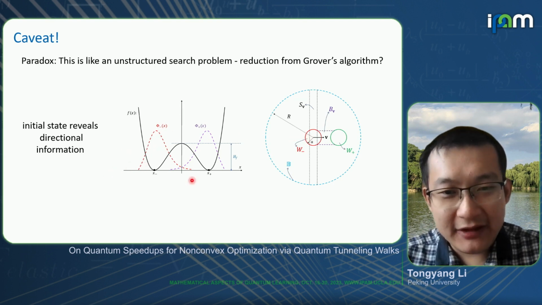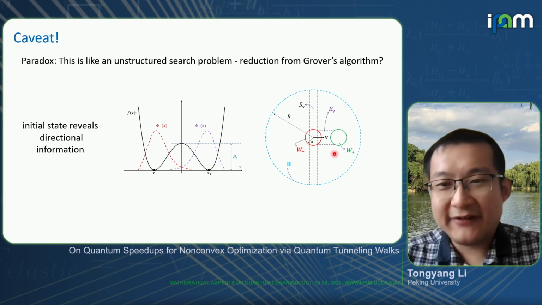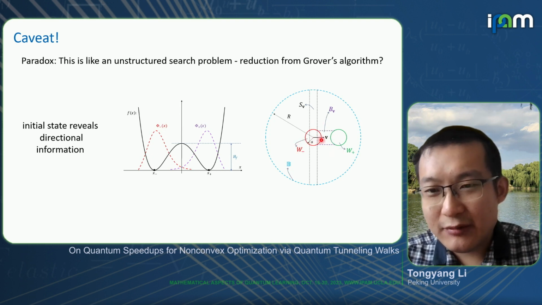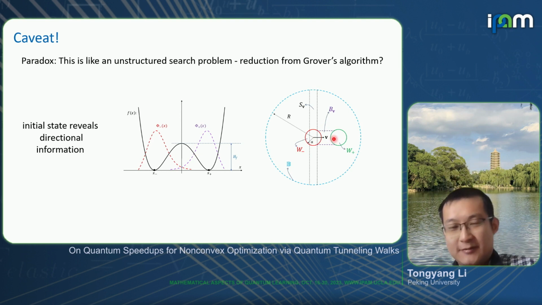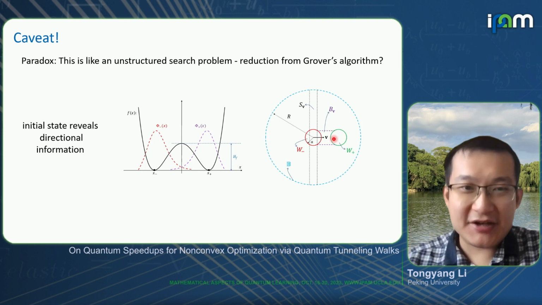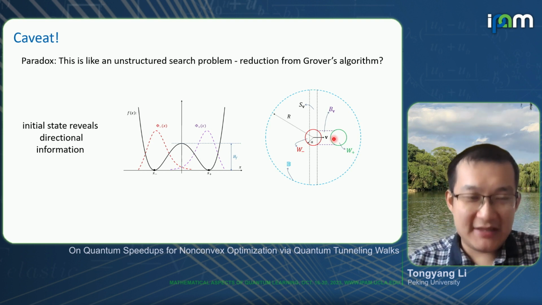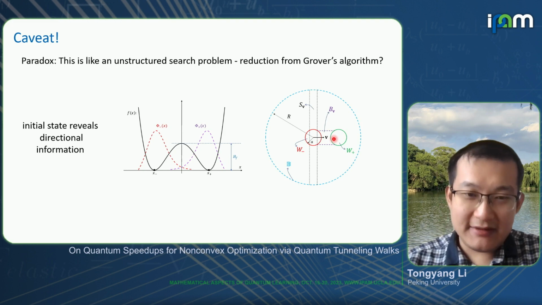If you have this kind of initial distribution in this high dimensional space, after making a few measurements, somehow you can reveal this direction V, and this direction can help you find the position of this W plus, which is the other local minimum here. So this initial state is quite tricky, and assuming the existence of this kind of initial state might be super non-trivial.